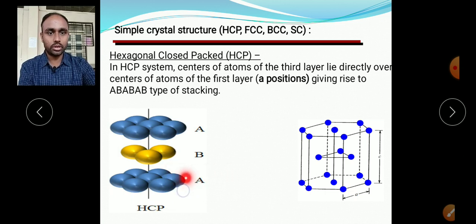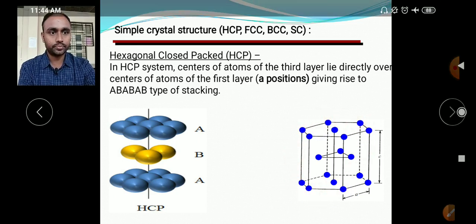This is A, in which we have 7 atoms arranged like this, 6 atoms surrounding the center atom, and 3 atoms in B. Those 3 atoms are completely present in the unit cell, and again we have the uppermost layer, that is A. This continues because the crystal is an infinite structure, but we have to see one particular unit cell. So we are talking about this unit cell now.